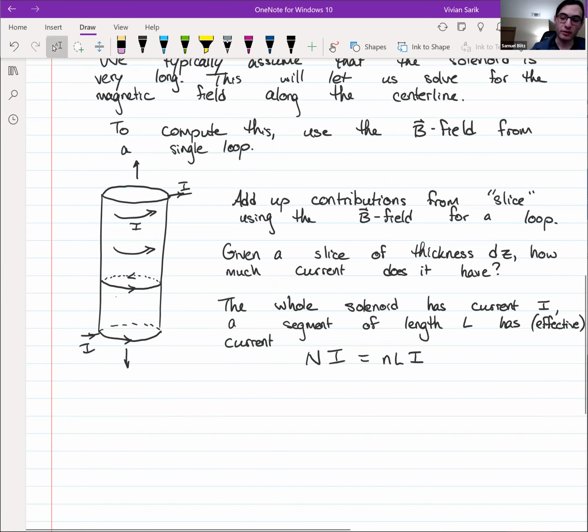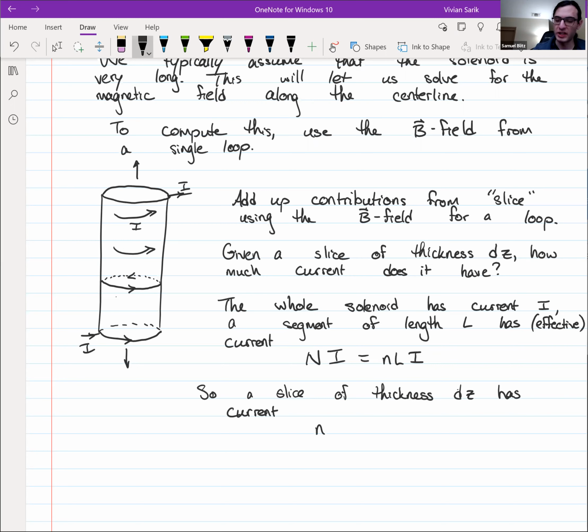So that means we can figure out the current in a slice of length L. You just multiply little n times I by the thickness of our slice. And so if we have a slice of thickness dz, dz for those non-Americans, it would have current nI dz, right?